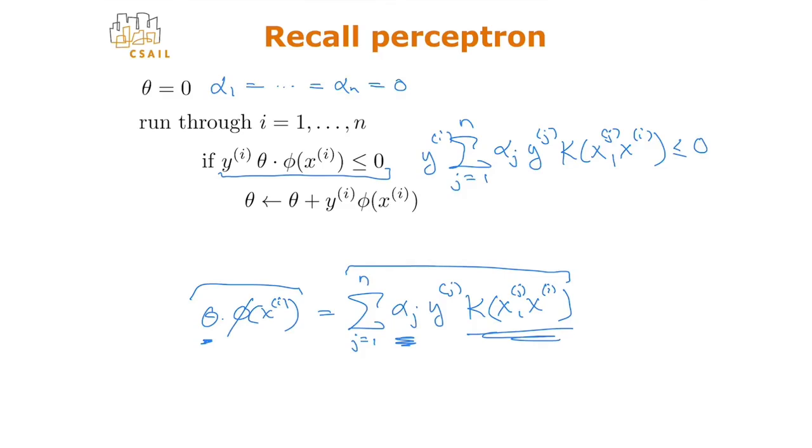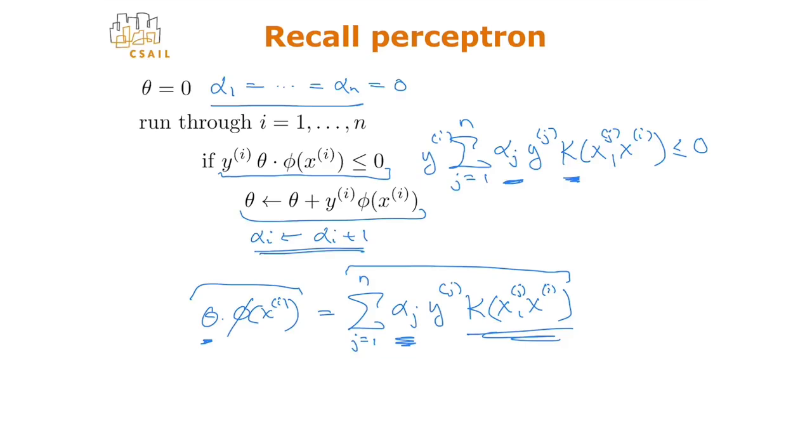Then we make a mistake and we need to perform an update. Now, the update is very simple because the alphas count how many times we've made this particular update. So here we would simply say that we increment alpha i by 1. Okay? So now we have an algorithm expressed in terms of the number of times we make a mistake. We've expressed predictions in terms of the kernel functions and the alphas. And we have a very simple update equation.